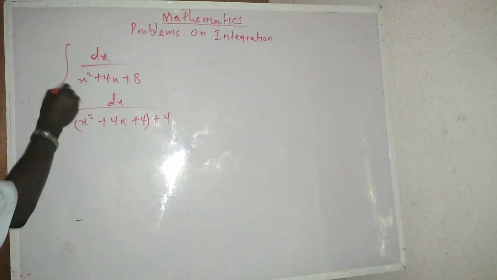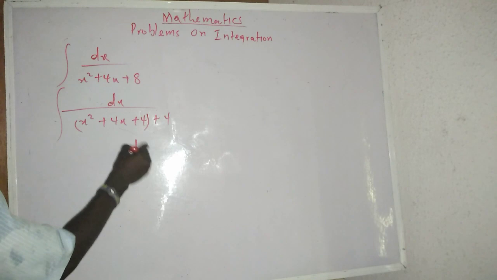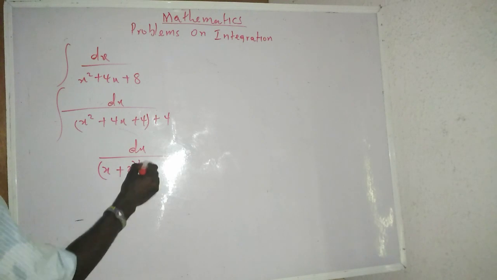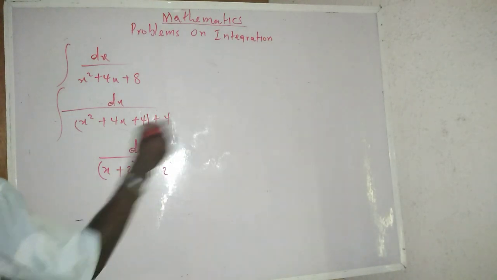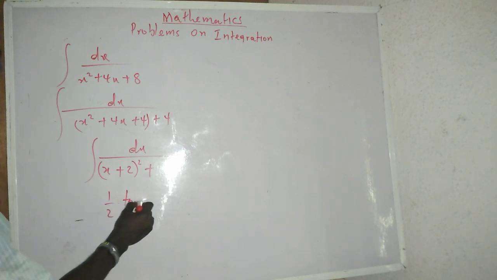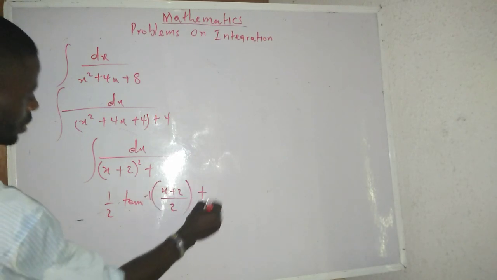Now, if I factorize this one, I will have the integral of dx all over (x plus 2) all squared plus 2 squared. Since I have this, I can now turn it to 1 all over 2, tan inverse of (x plus 2) divided by 2, plus k.